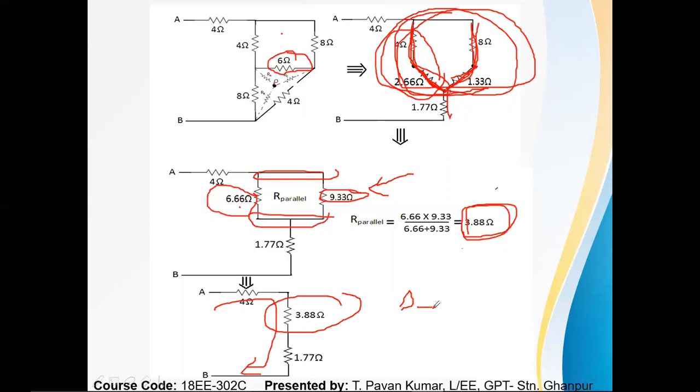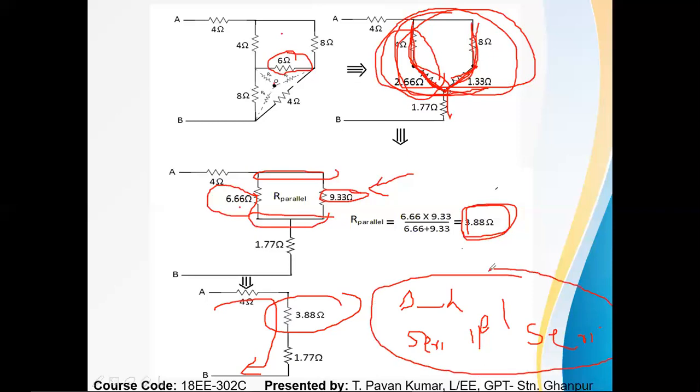Delta to star, then series connection, after that parallel, then series. So you use a total of 4 steps. Finally, after conversion of delta to star, it will look like series, parallel, series connection. Like this connection, you will get it.